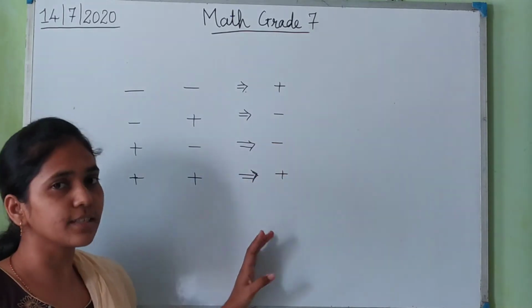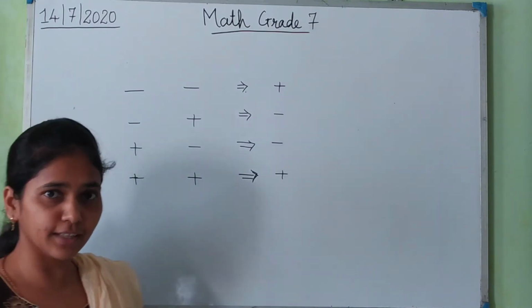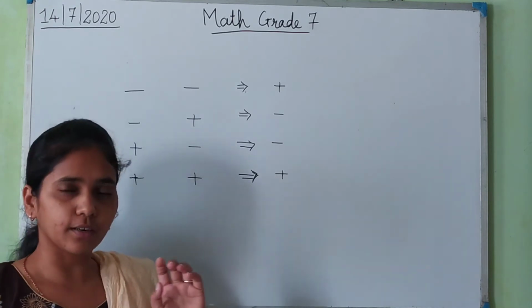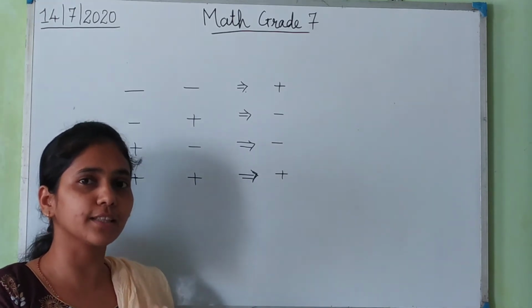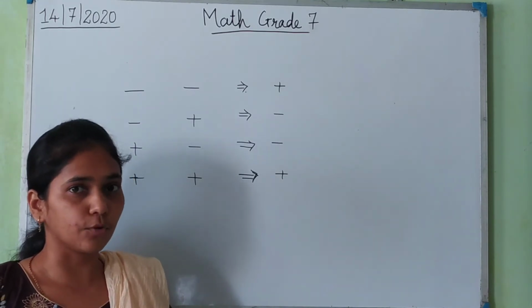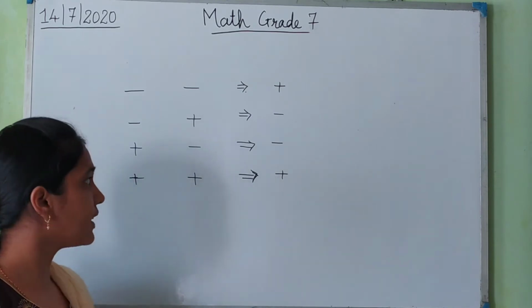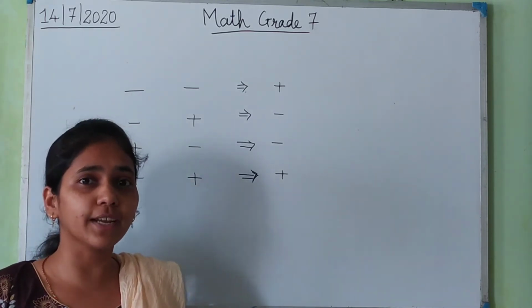So this is a very simple rule. We will see a few examples based on this rule by dividing numbers.